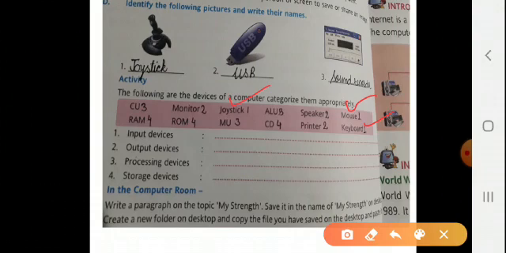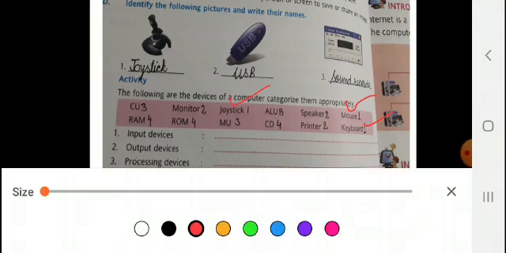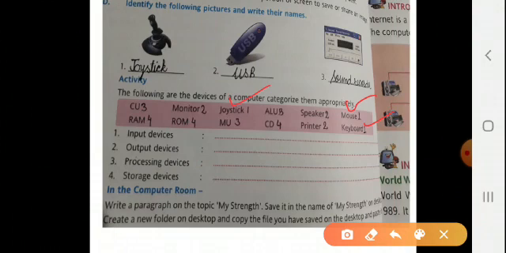Now coming towards our second part, output devices. I will change the color. Yes. Now output devices are monitor, then speaker, then printer. Okay. Now processing devices, first of all write the output devices: monitor, speaker and printer.